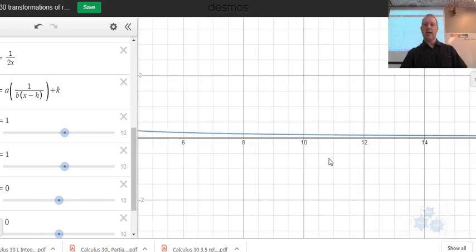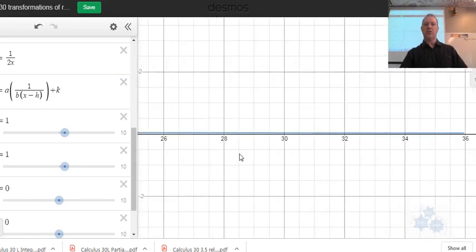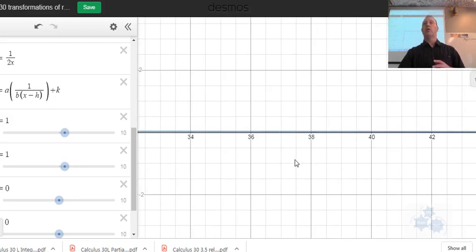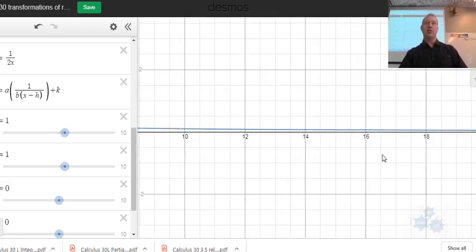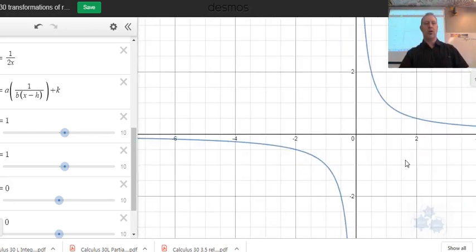You can see the graph gets closer and closer to what? 0. So the horizontal asymptote for 1 over x is y equals 0. Very good. That makes sense because the degree of the numerator is smaller than the degree of the denominator, right? That's always y equals 0.